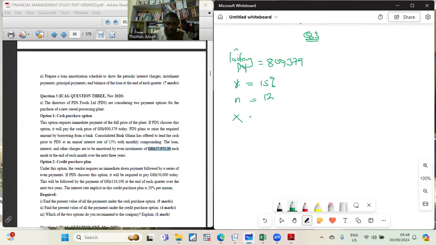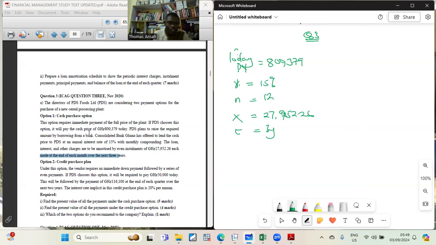So X is what? 227,952.26 made at the end of each month over the next 3 years. So T is 3 years. And the N, you are going to pay it at the end of each month. So this is the information that we have on the first part.